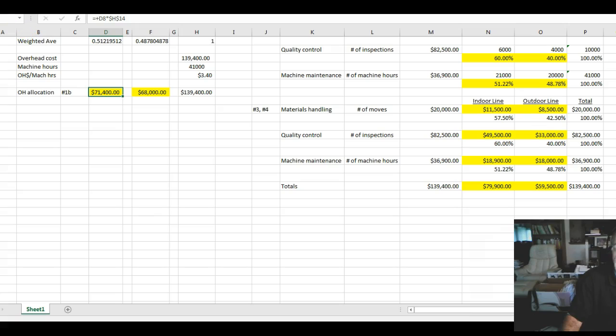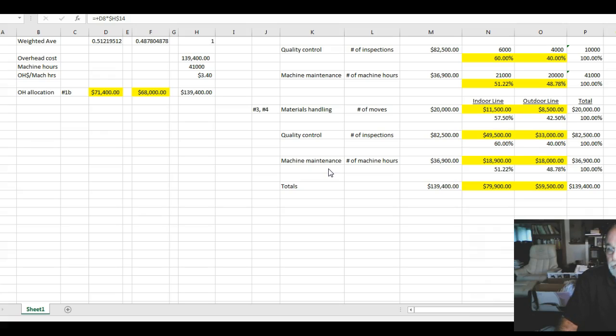So let's take a short break here, and we'll come back for the last part of the problem. Well, actually, in the textbook, the problem has a part 5, which is basically asking to compare traditional with the ABC and come up with reasons why one or the other would be a better method to use.